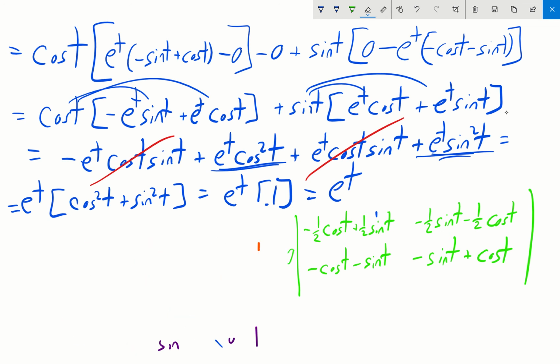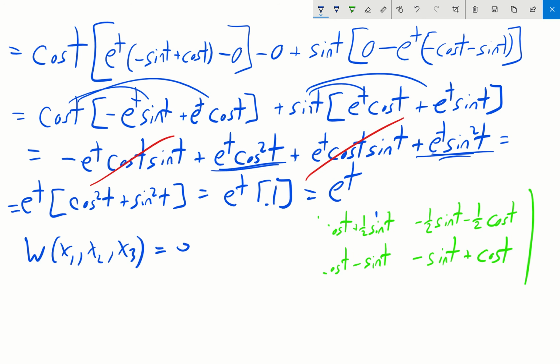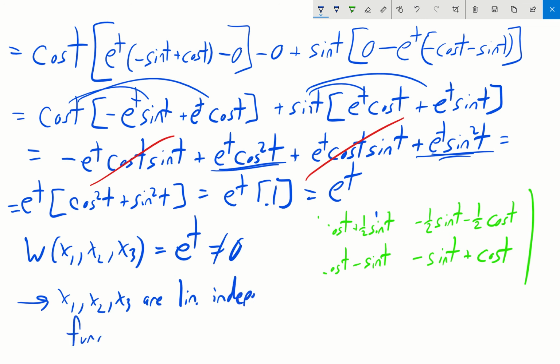So we've gone through and we've calculated it. And what we have now is the following. The Wronskian of x1, x2, and x3 is equal to e to the t. And one of the things we know about the exponential function is it is never 0. And so we've already shown previously that x1, x2, and x3 are solutions. This just shows that x1, x2, and x3 are also linearly independent, and thus they form a fundamental set of solutions.